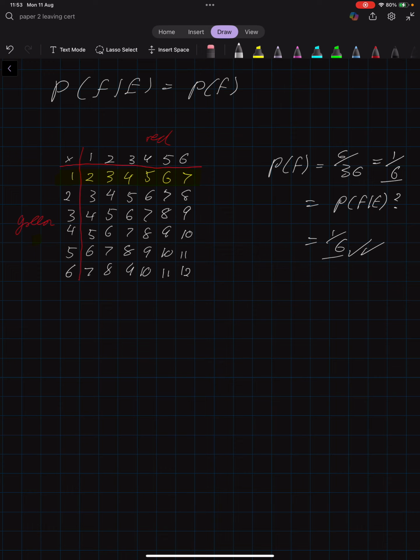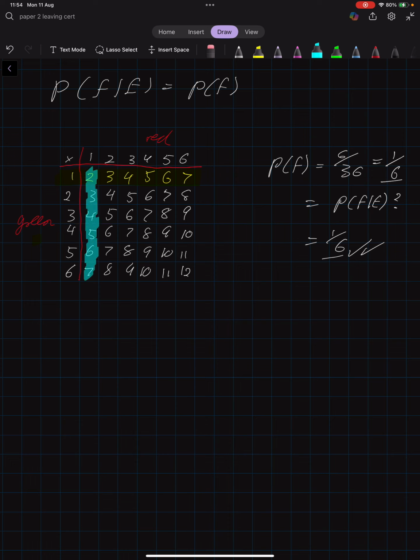Which hopefully makes sense, and that's what it should be if it's a 7, because it actually doesn't matter what you roll the first time, because there's only one thing that you can roll the second time to give you 7. Whereas with 8, if I want to get a total of 8, I can't roll a 1. If I roll a 1, none of these are 8.